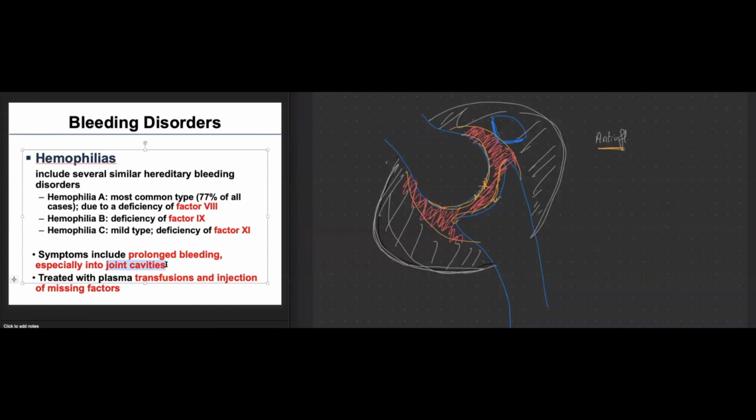So a very important thing that pediatricians and primary care providers should be aware of: when a child comes in with a red, swollen, painful joint and he doesn't have any previous medical records that you have access to, you should check for hemophilia first before you give him anti-inflammatory medications and send him home.